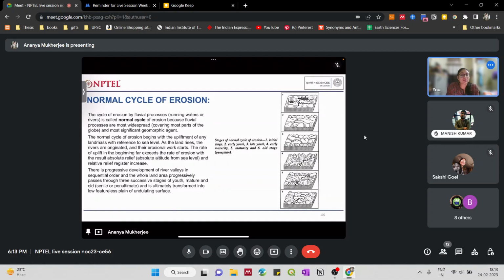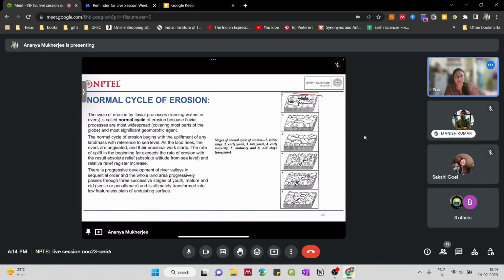So then, where does the erosion begin? Suppose this is your glacial area. The glaciers are accumulated at a point, and then they start melting due to seasonal temperature variations. But if we don't have a gradient in the relief, or there is no slope change, the water is not going to flow.